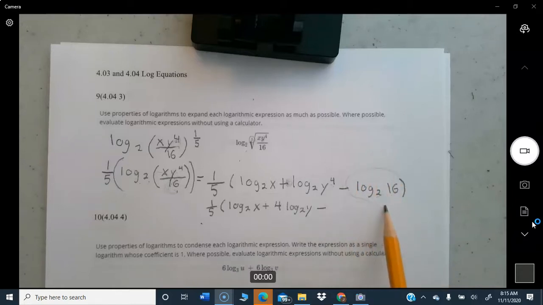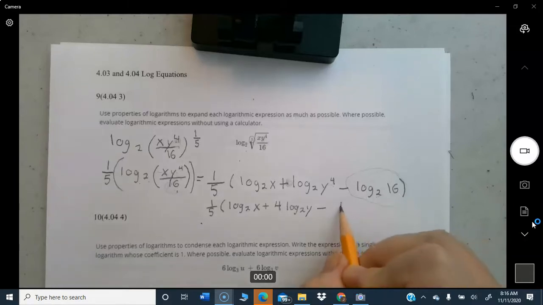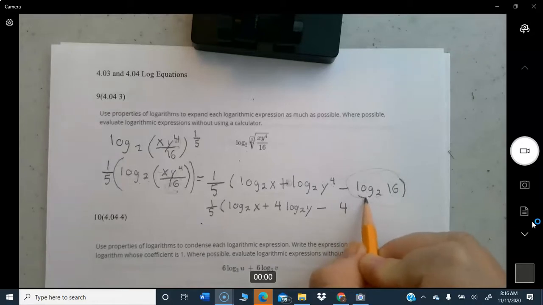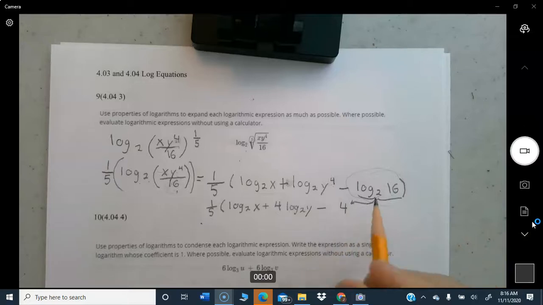That means this entire term equals 4. Log base 2 of 16 returns 4. So I'm going to go ahead and put a 4 here. That's this. Again, go back to the last problem and see how we used to change a base using base 10 to figure out how to do that on our calculator, and you would end up with a 4.